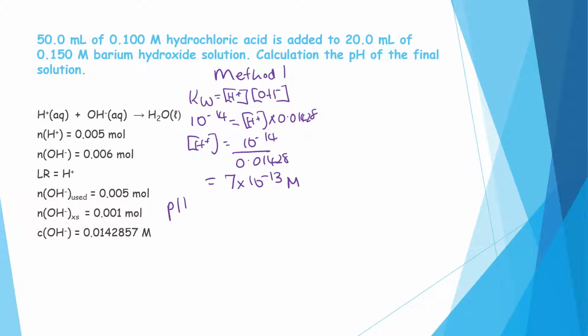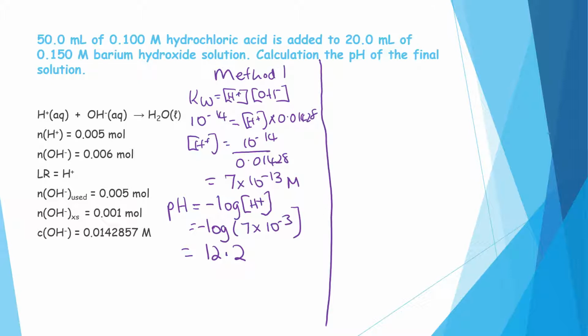From here we can find the pH is equal to negative log of hydrogen ion concentration, which is negative log of 7 times 10 to the negative 13, which is equal to 12.2, which is fairly logical because our hydroxides are in excess.